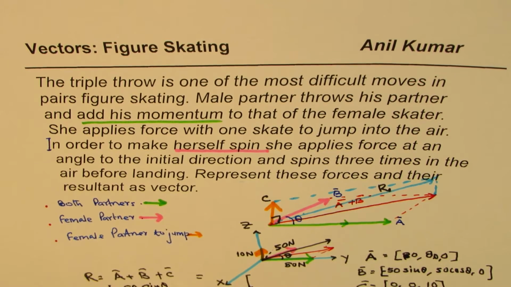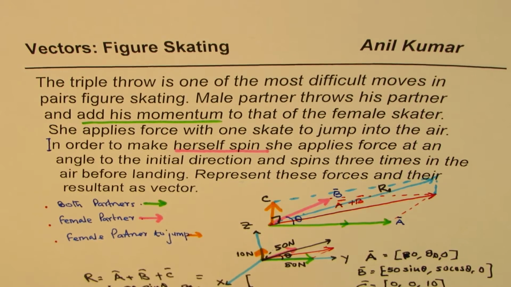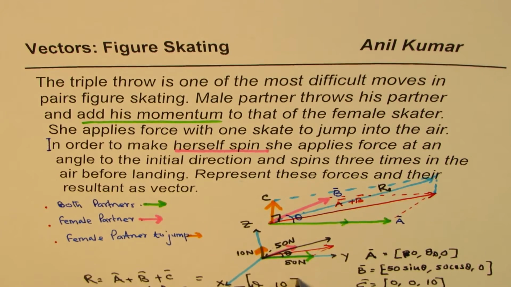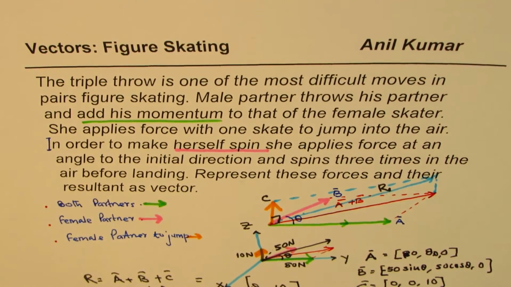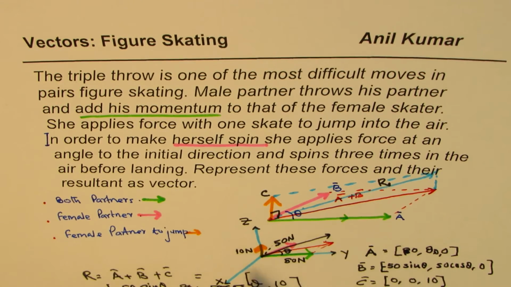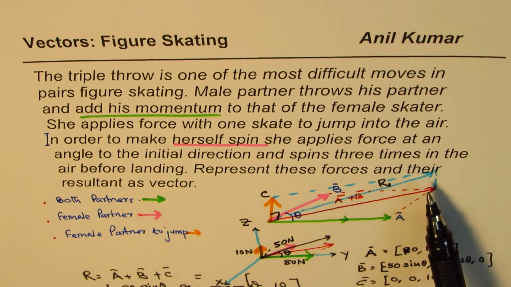The Y component is 80 plus 50 cos theta, and the Z component will be 10 as per the values which I took in this particular example. I hope that helps you to understand how these forces will act and what the resultant is going to be.